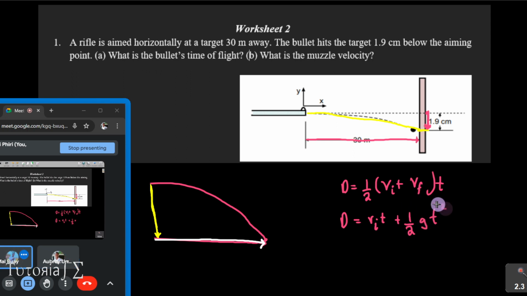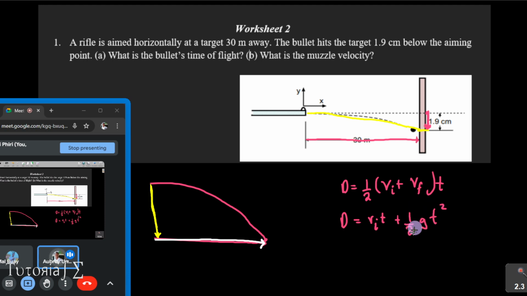On this first one, it has to be the difference in the initial and the final velocity. I'm not quite familiar with this one that you've given me on top here, but I think it should be the difference between the initial and the final velocity.